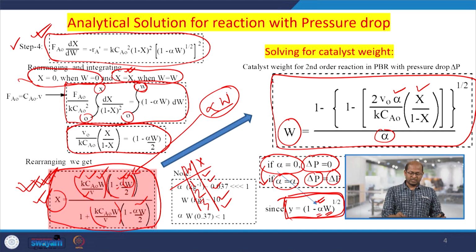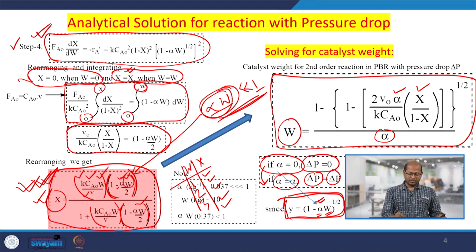The product of alpha and W should always be a very low value, less than 1. If you see in this equation, it is 1 minus alpha into W by 2. So, this product of alpha into W should always be less than 1.